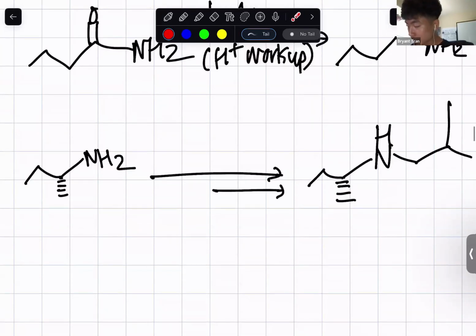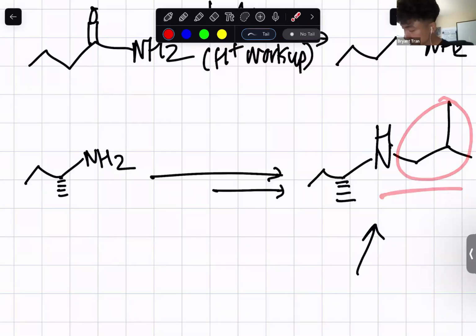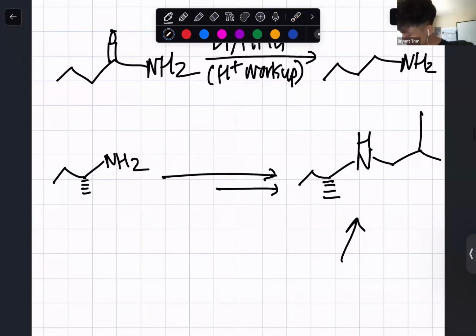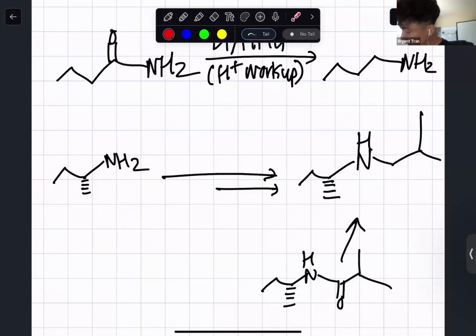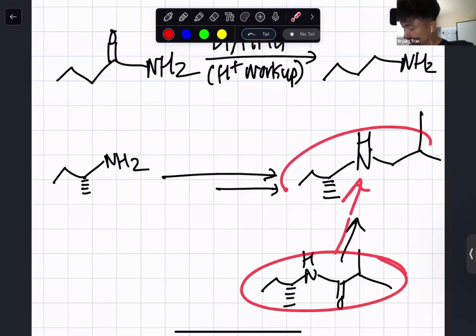I'll give you a hint. We could go backwards here, right? Where we see that this is the new group that we're adding. Let's say that this carbon here had a carbonyl, a carbon double bond oxygen, like that. What reaction would convert this intermediate into this product here?